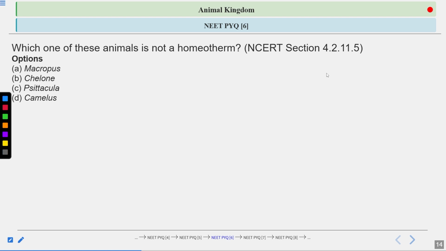That is why I have told you many times that you must remember the scientific name as well as the common name, right? So here all the names are scientific. So you can solve this question in the given time, and then we can check out the correct answer. Okay, let us move to the answer part of this question.